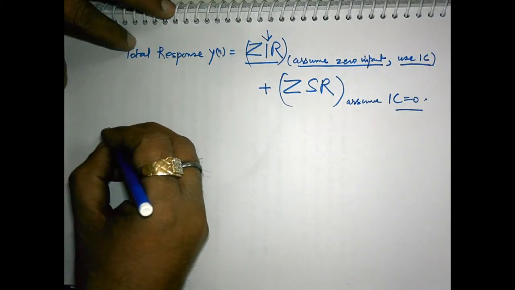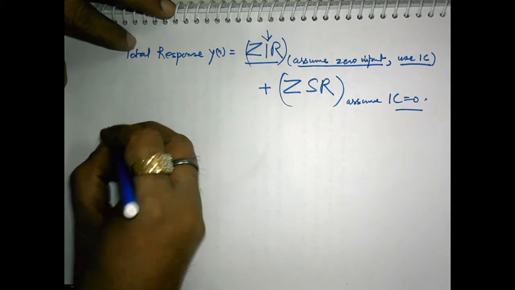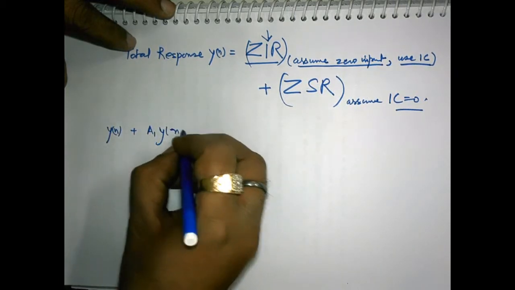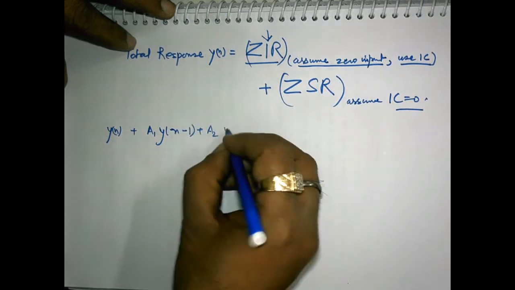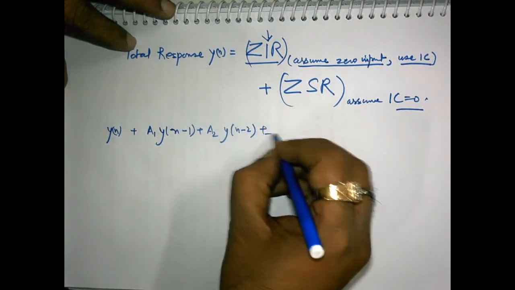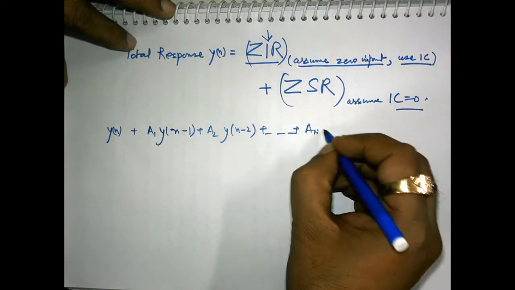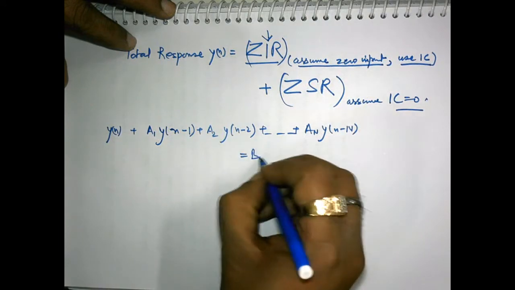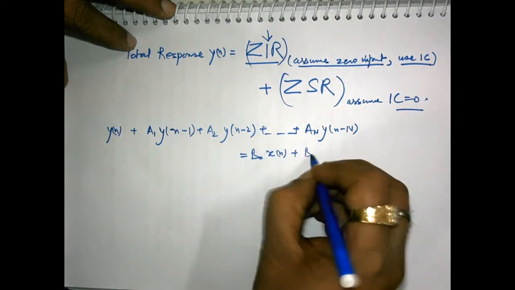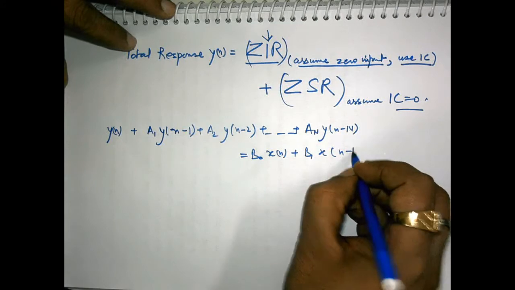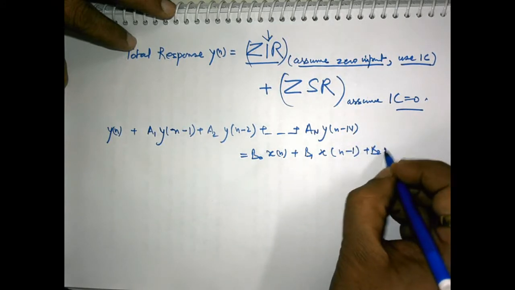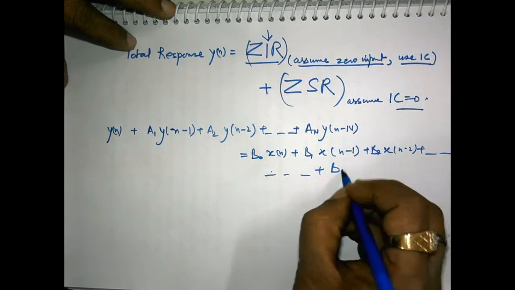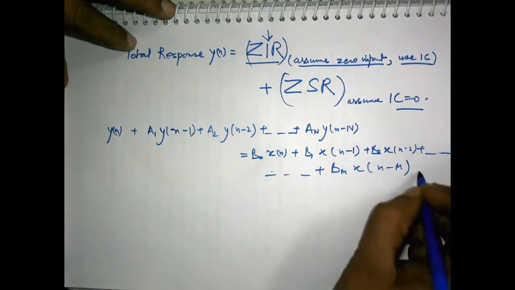And what is the general difference equation? If you recall, it is yn plus a1 yn minus 1 plus a2 yn minus 2, going this way up to an yn minus n, equals b0 xn plus b1 xn minus 1 plus b2 xn minus 2, going this way up to bm xn minus m.